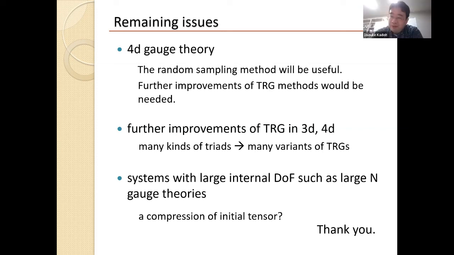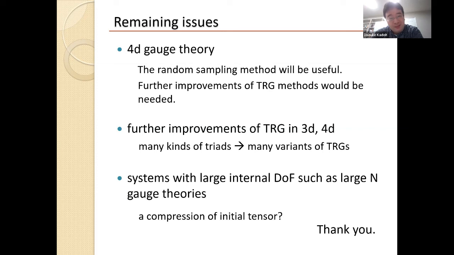With the random sampling approach, I think we well approximate the Haar measure at least in 2 dimensions and in 3 dimensions. So I think it also works in 4 dimensions. But of course, it's very effective for the strong coupling region.